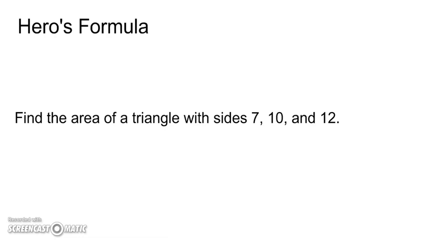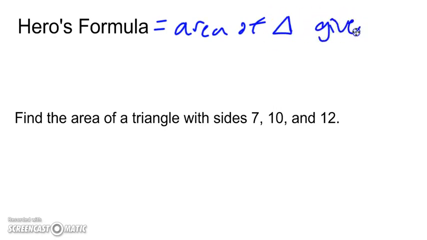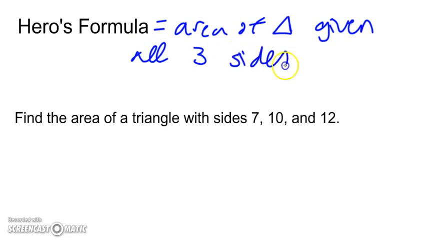Okay, we're going to go over a couple more different types of triangles. First one is called Hero's formula, and this is the formula to find the area of a triangle given all 3 sides.